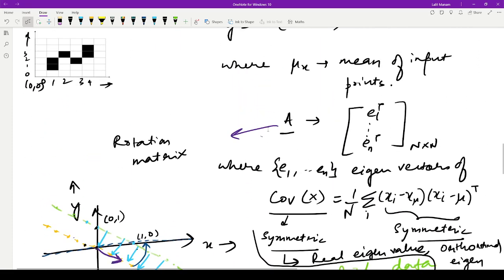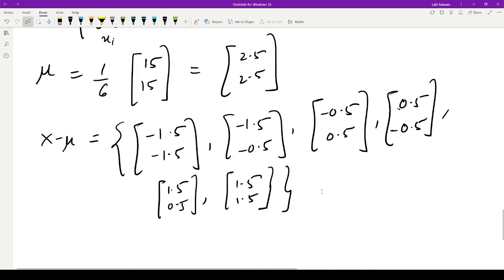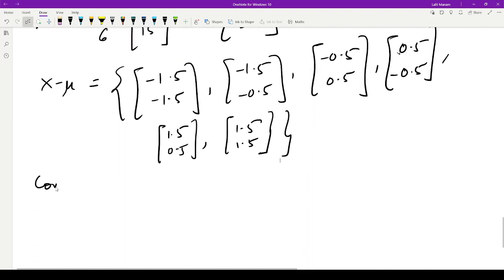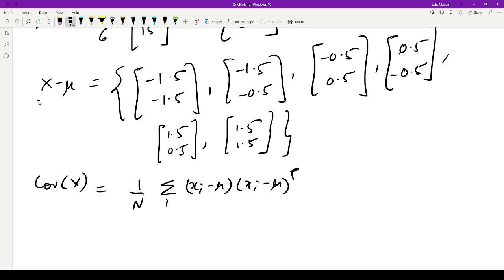You need to get the eigenvalues. First, you need to get the covariance matrix. So the covariance of X is 1 by n summation over i of xi minus mu times xi minus mu transpose, and these values are xi minus mu already, and n is 6. So what is it that we need to do?